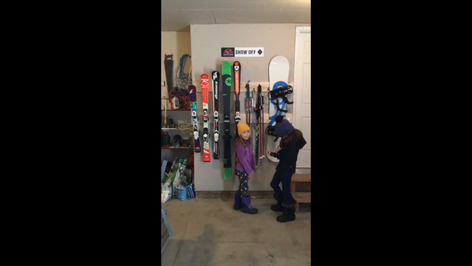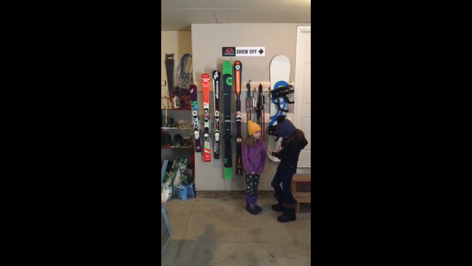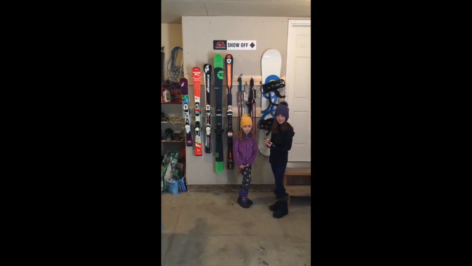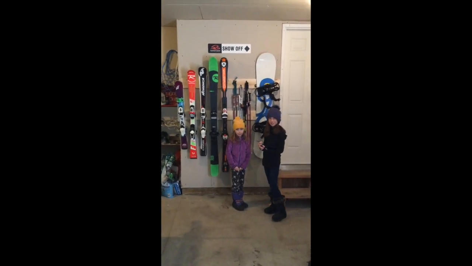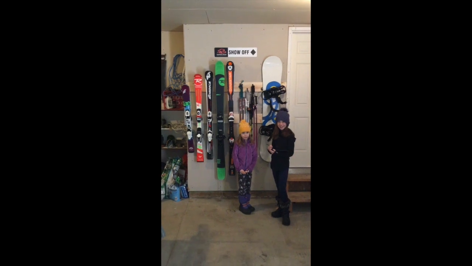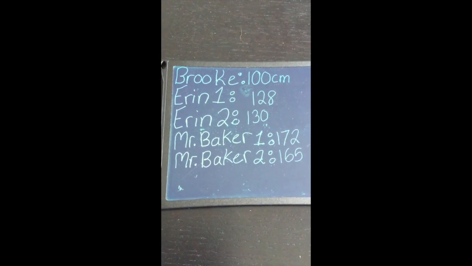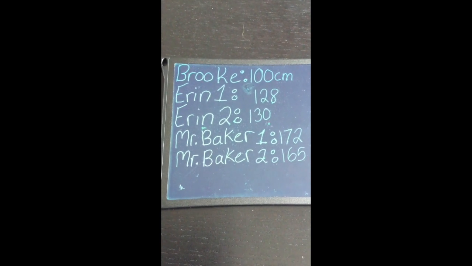Okay, so we have the measurements of all these different skis, Mr. Baker's skis and Aaron's skis and Brooke's skis. So we're going to go inside and we'll look at how to transfer these into the other units of metric measurement. So here's the information that Aaron recorded when we were in the garage for the different ski lengths.